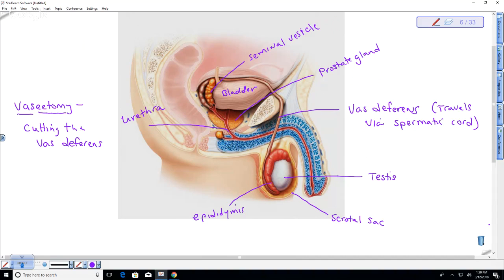It could also lead to problems with ejaculation because you'll notice that the vas deferens comes around, comes past the seminal vesicles, picks up the stuff, and then it also goes through the prostate gland. So one thing that they sometimes do for males is that when the prostate gets swollen, they'll actually just go in and increase the diameter of that duct by kind of coming in and clearing it out so that males can urinate.